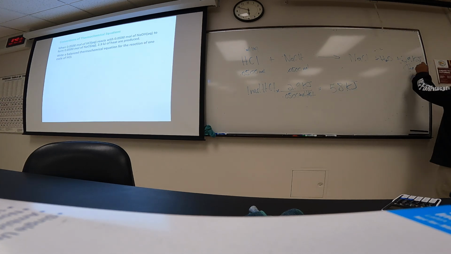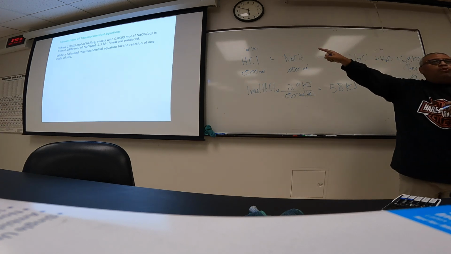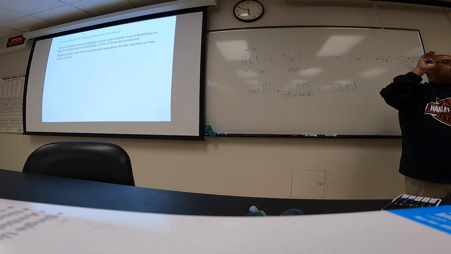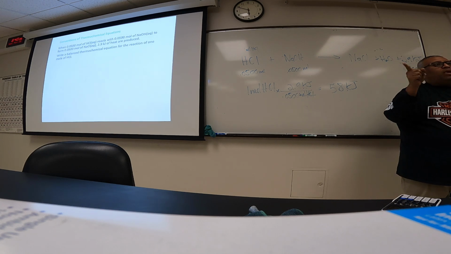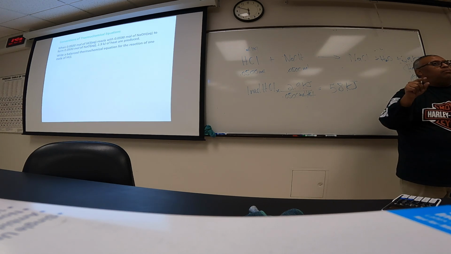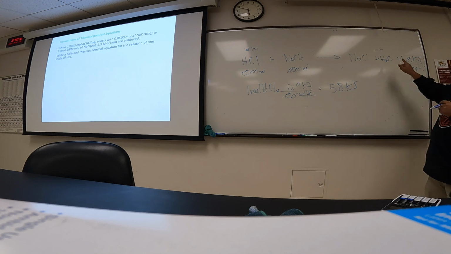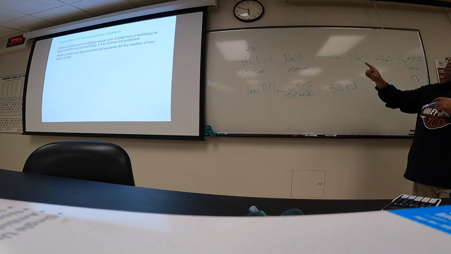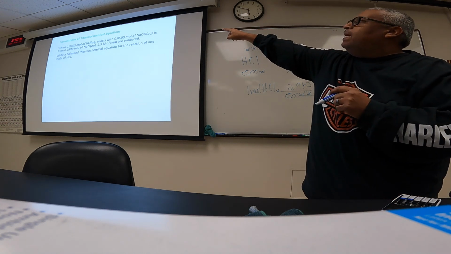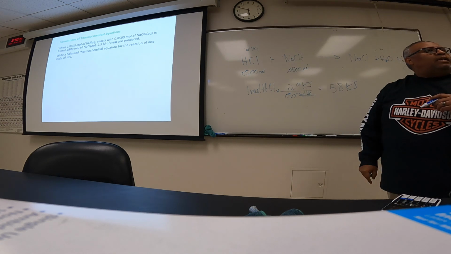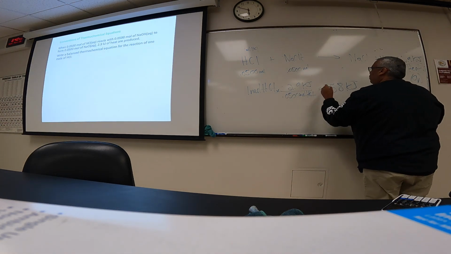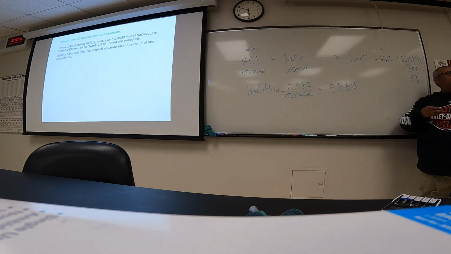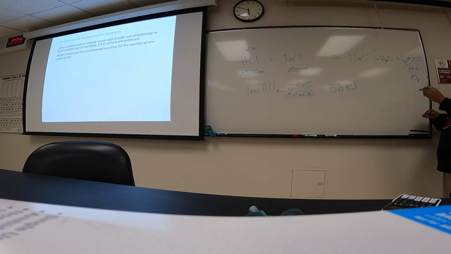Even though it gives you 2.9 kilojoules of heat, you are responsible for determining whether that is a positive or negative value. I know that this is going to be a negative value simply by it saying heat produced. As soon as heat is produced, this is some negative value.